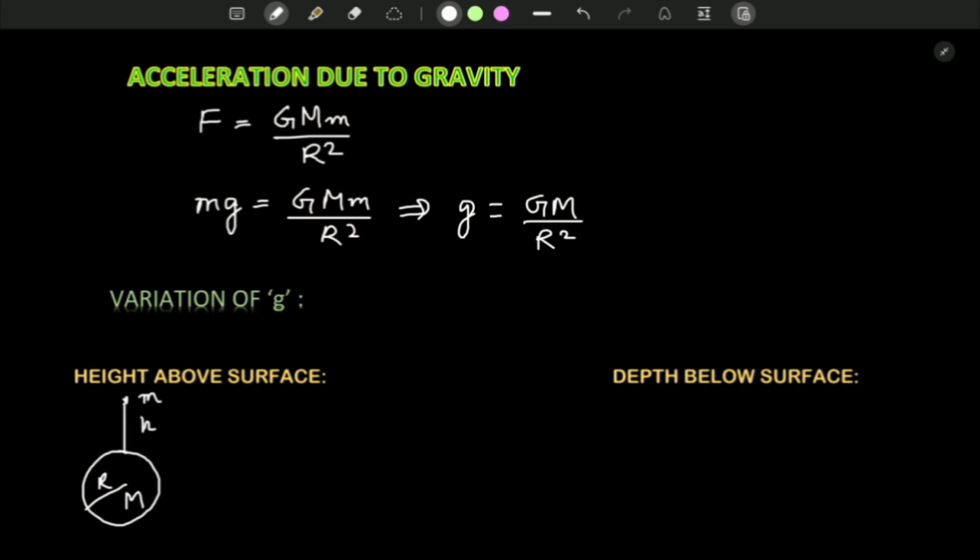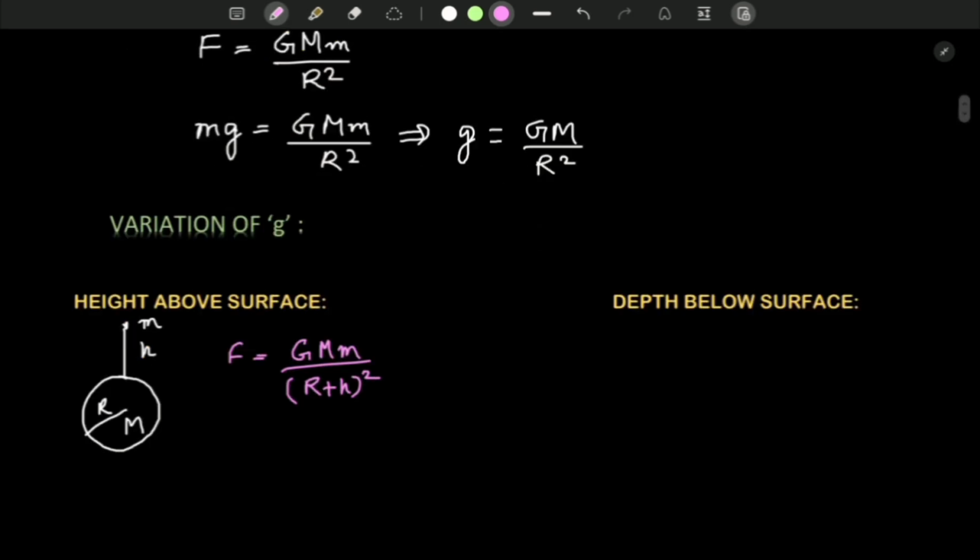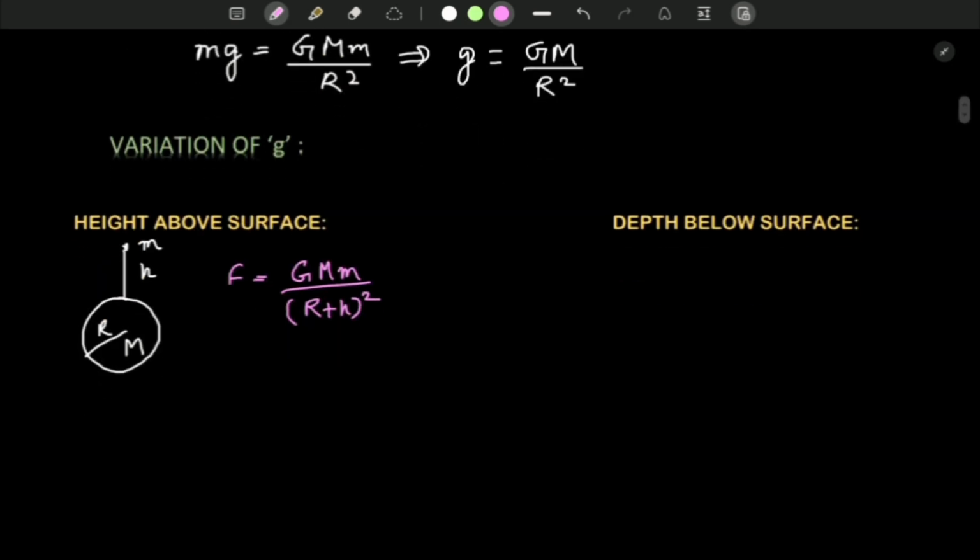So I can say that the force due to gravity F is equals to GMm by (R plus h) whole square. From here I can say that the value of gravity, I am calling it g dash, this is a new gravity, so this will be force by the mass of the object, so this is GM by (R plus h) whole square.